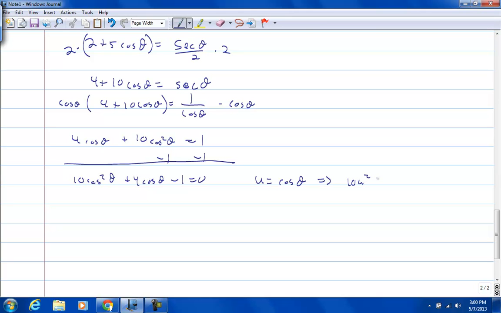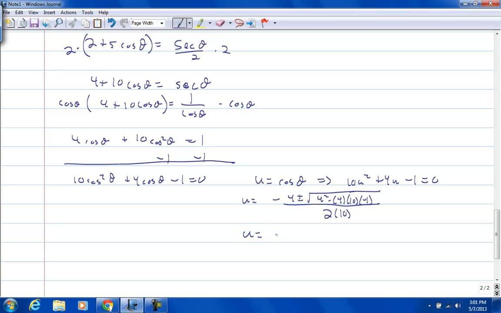10u squared plus 4u minus 1 is 0. So u would be negative 4 plus or minus the square root of 4 squared minus 4 times a is 10 times c is negative 1 all over 2 times a is 10. And I just use the quadratic formula there.